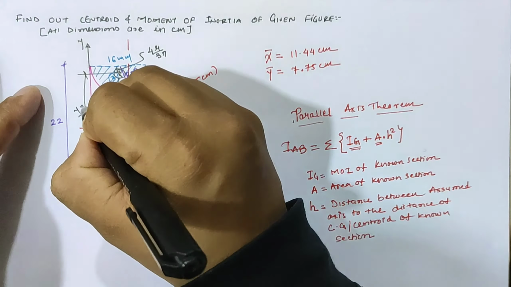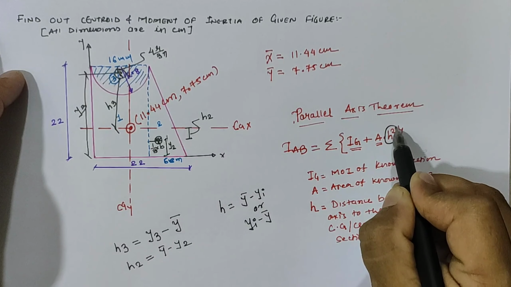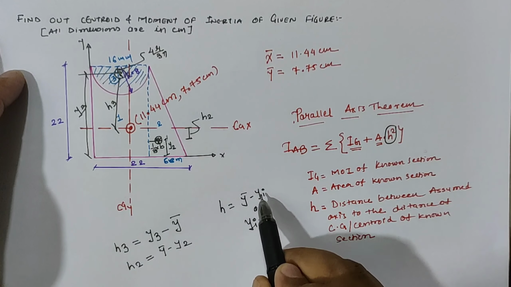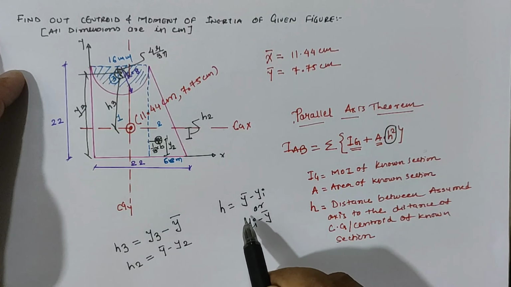So the equation for h can be written as either y bar minus yi or yi minus y bar, but the equation says that h must be squared. Whether we take y bar minus yi or yi minus y bar and the value is negative, when we square the value it is converted into positive.